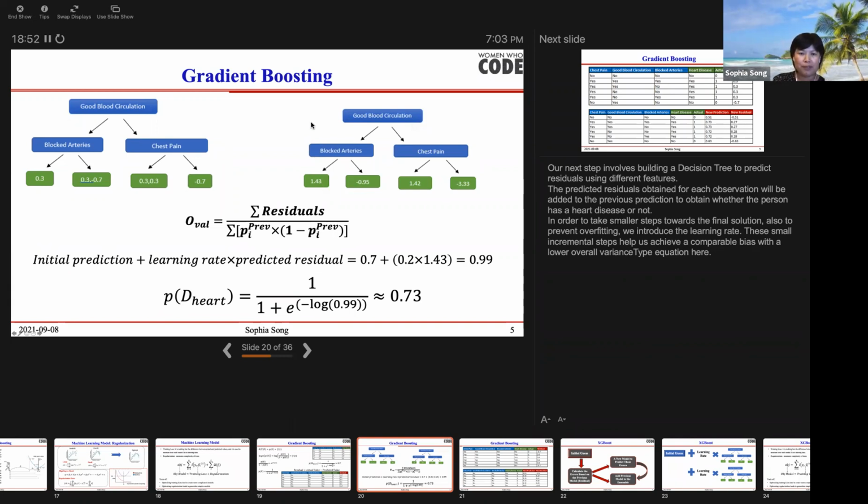If one record ends up in this leaf node, we use our initial guess plus the learning rate times this output. We get this value, but this value is log odds. It's not a probability, so based on the logistic function we convert it, and this person's probability of getting heart disease is 0.73.